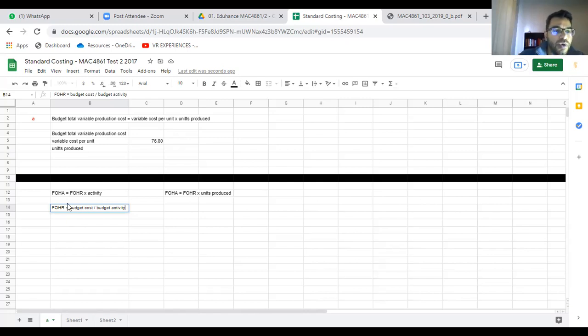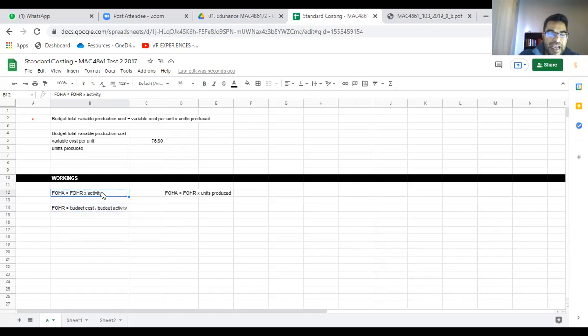It's very important to take note of that. Please make sure you're able to work through this. When there are fixed manufacturing overheads and you're dealing with traditional costing, just train your brain to run these two formulas through your mind.